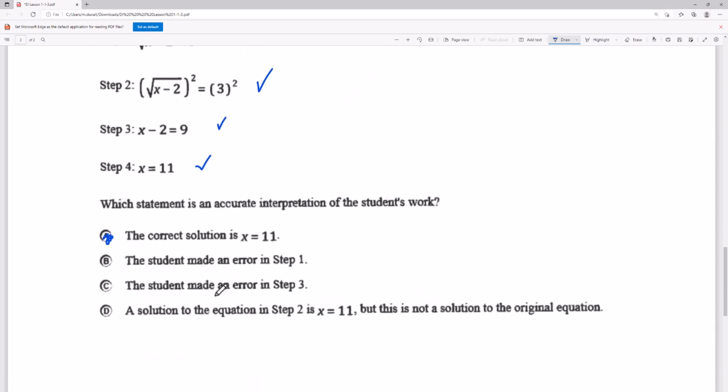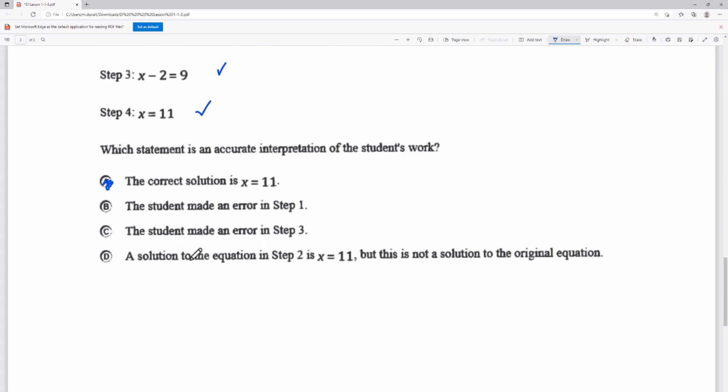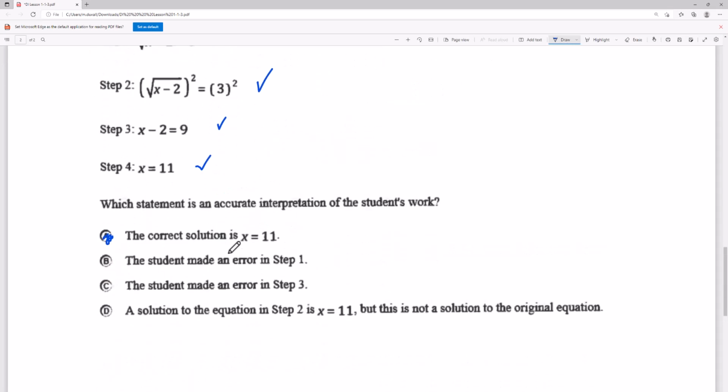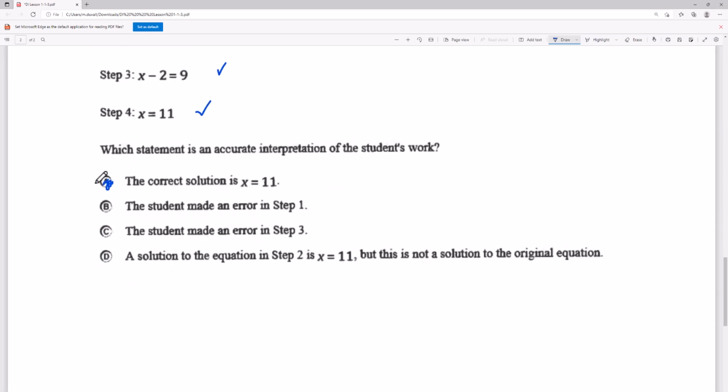That's a way for us to trick us. The student made an error in step 3. No, squared both sides, canceled that out. That looks good. The solution to the equation in step 2 is x equals 11, but is not a solution to the original equation. Nope, that is not correct. So the A is going to be our correct answer.